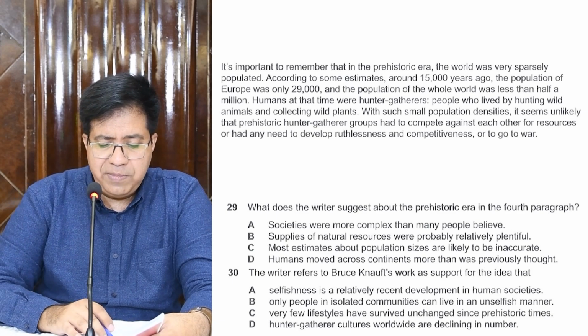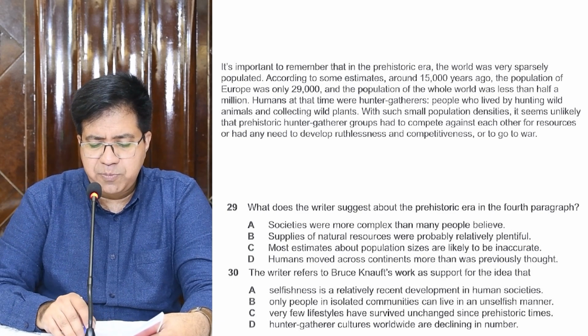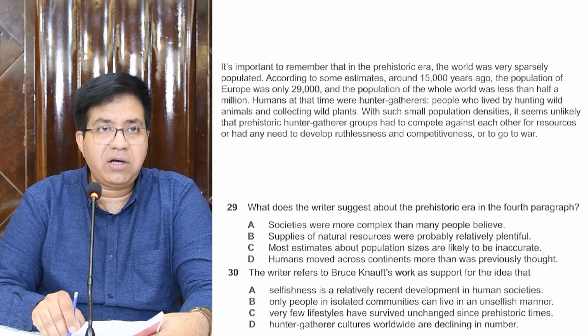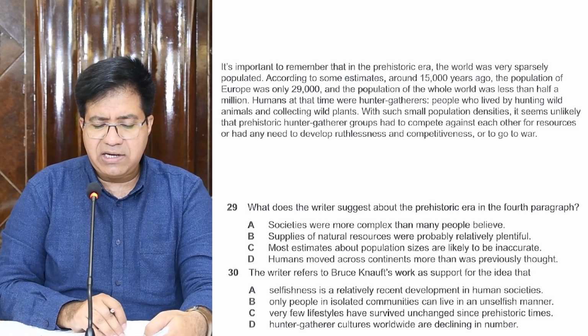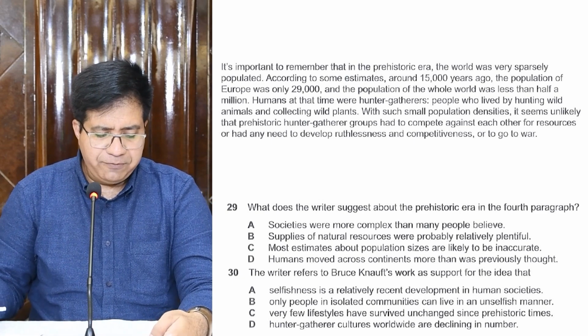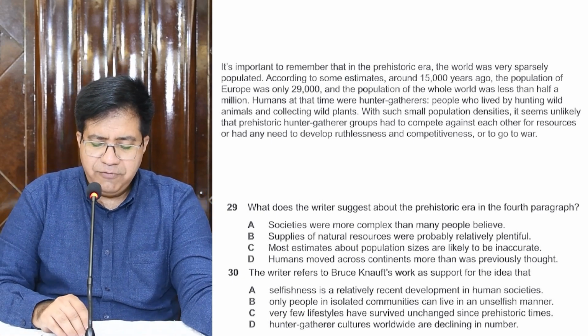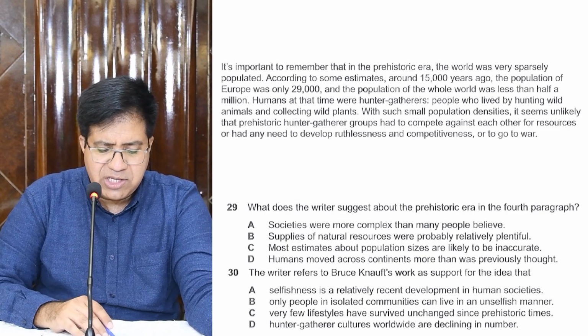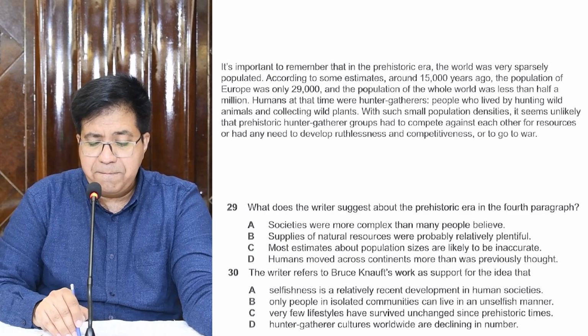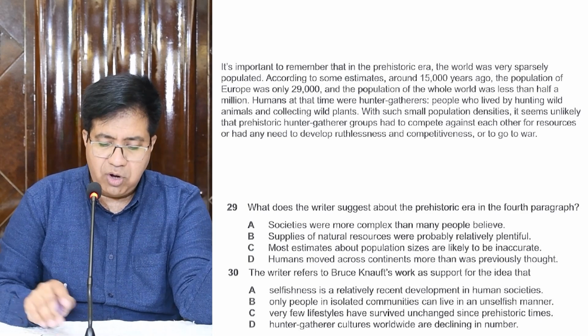Option D, humans moved across continents more than was previously thought. Not at all. Supplies of natural resources were probably relatively plentiful. And for that they said, with such small population densities, it seems unlikely that prehistoric hunter-gatherer groups had to compete. So there was no competition.